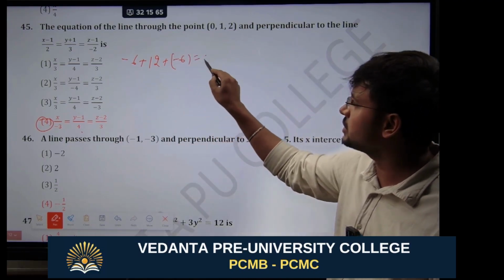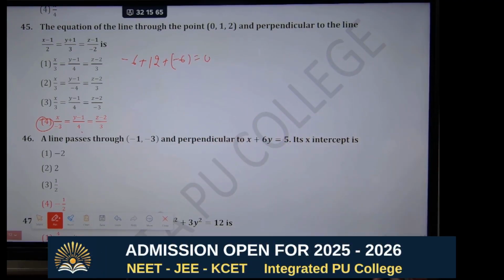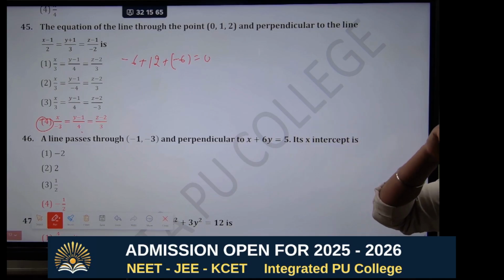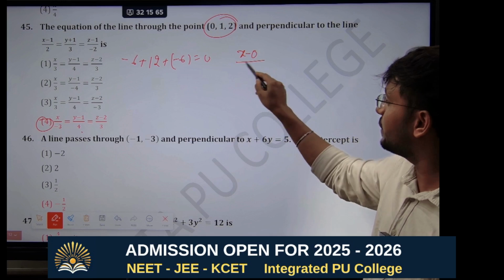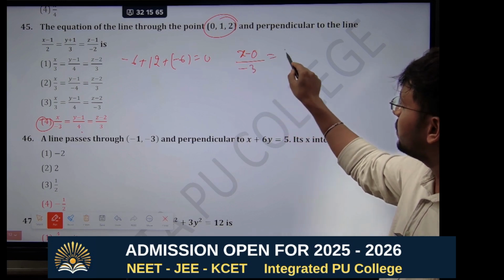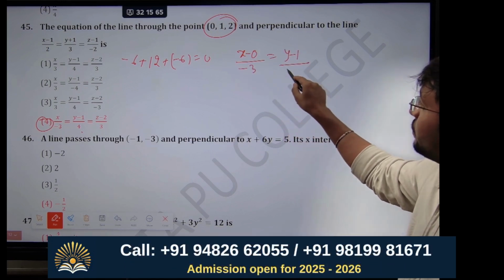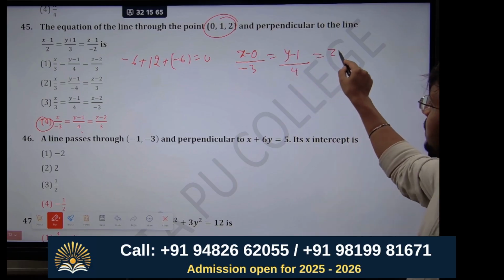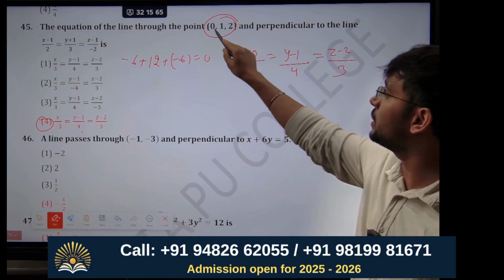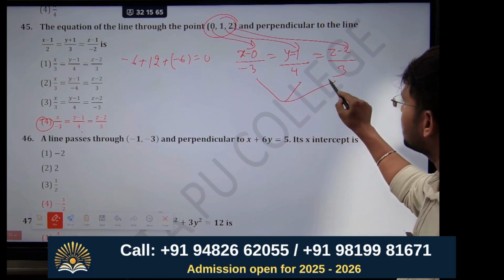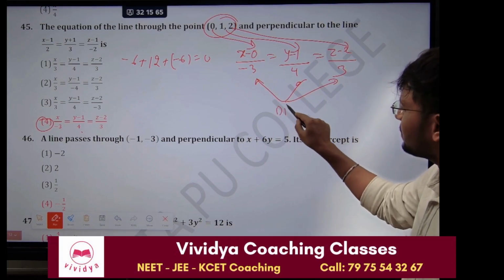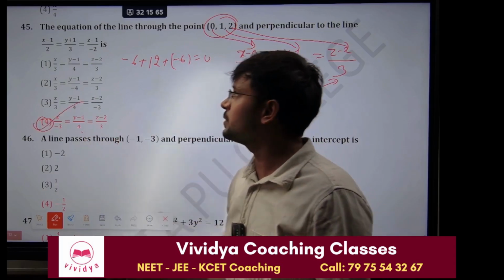So this is coming 0. Since the point is given, the answer is x minus the x coordinate divided by minus 3, y minus 1 by 4, and z minus 2 by 3. These are the fixed points, and these are the direction ratios. So simple answer, option number 4.